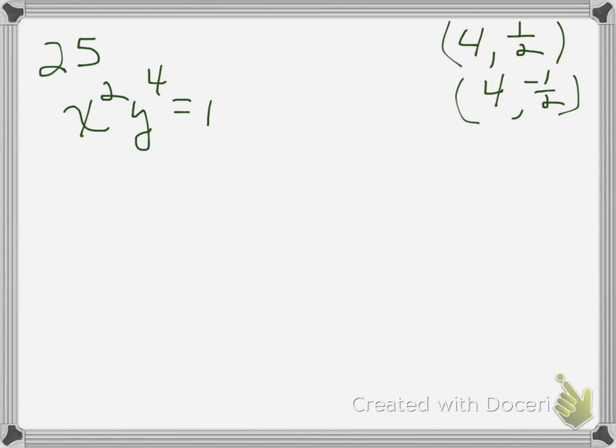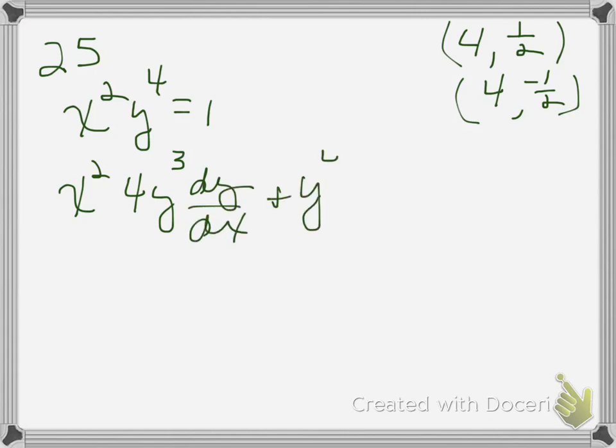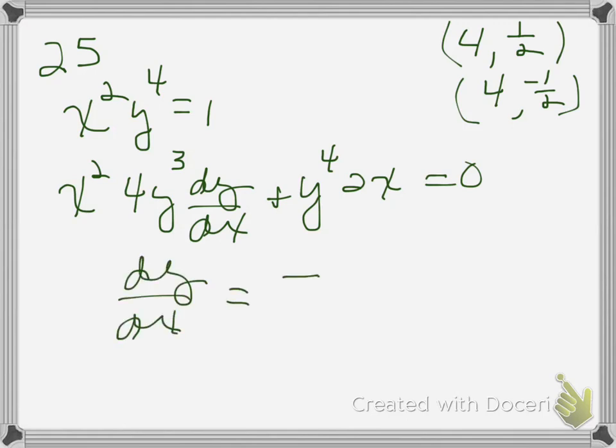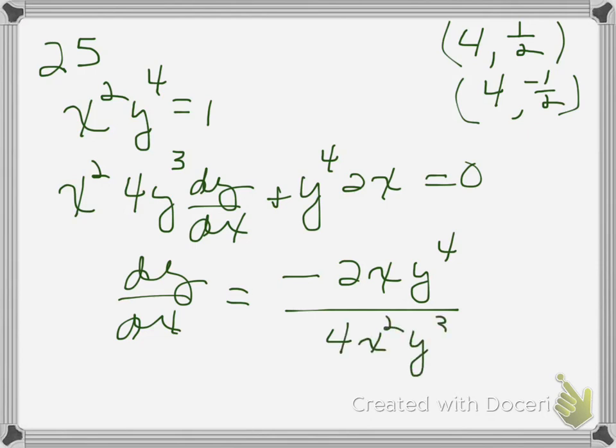Okay, this last problem is a tangent line problem. So first we're going to find out our slope. I see I have the product rule. I do it carefully. Left, d right, plus right, d left, equals 0. So what does my dy/dx equal? Okay, dy/dx will equal negative 2x y to the 4th over 4 x squared y cubed.